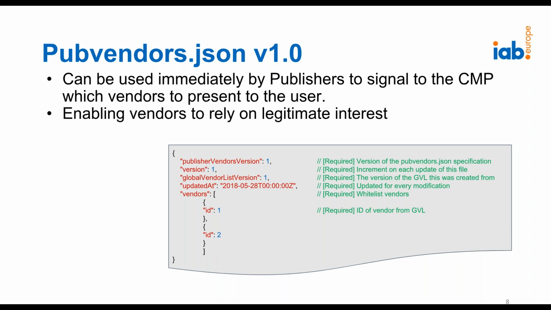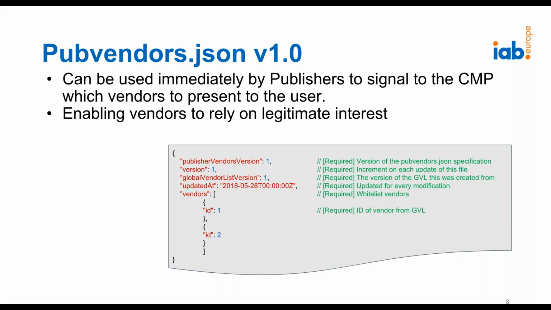What we found out when we started discussing this is that everybody in the commit group who is providing a CMP solution already thought about providing a way to whitelist or blacklist vendors. And when we talked about this, we decided, instead of everybody doing their own thing, let's just agree on a standard for just that purpose, and we push this out right away. So that's where we created version 1.